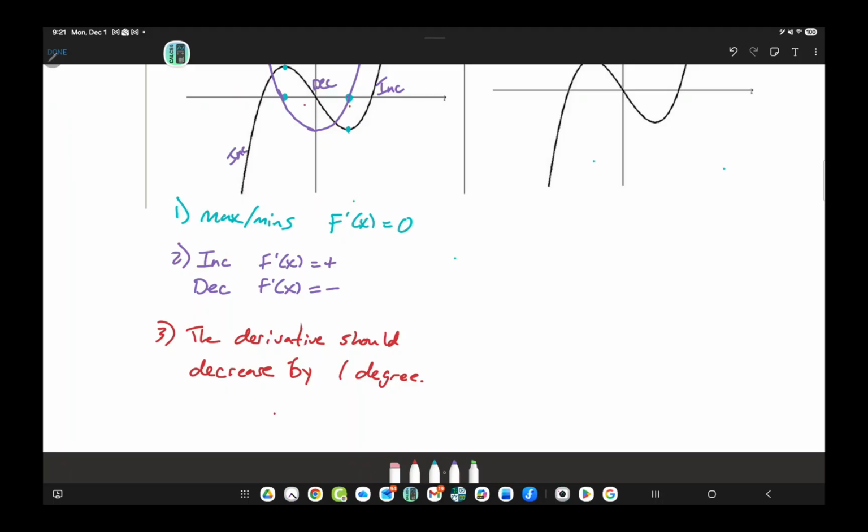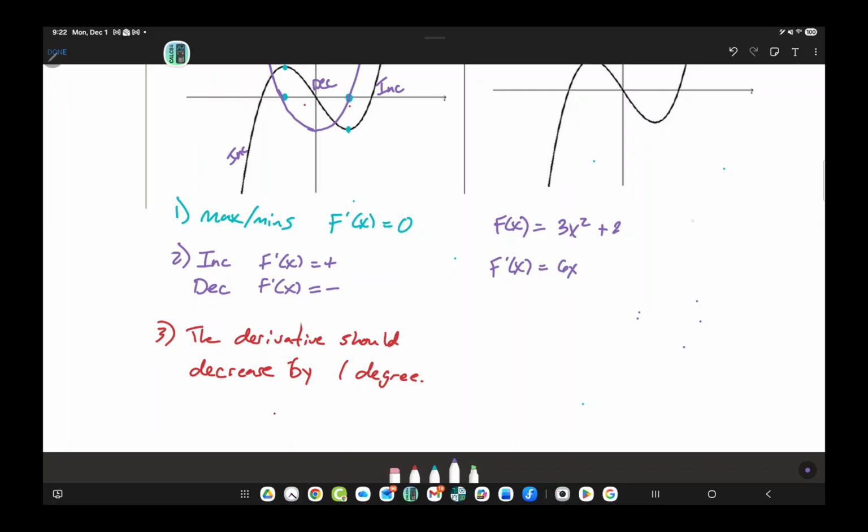Now, the problem that occurs with going the other way, taking the derivative and graphing the function, is this right here. We kind of already talked about this. If we have f of x equals 3x squared plus 2, what is f prime of x? 6x.